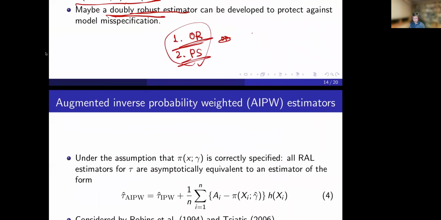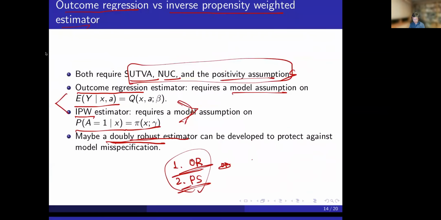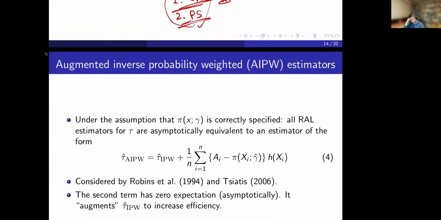To develop the estimator, the idea is to use augmentation.